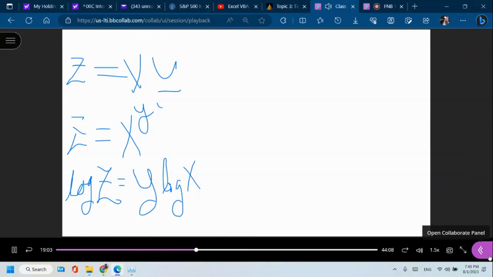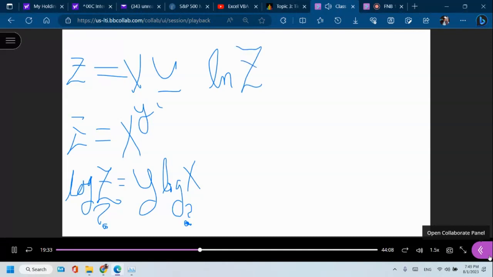But our question was, what is going to be the base of the log, right? Because x and y are all random numbers, we cannot use 10 as the base, right? That's where this natural log comes in. So now we have natural log.